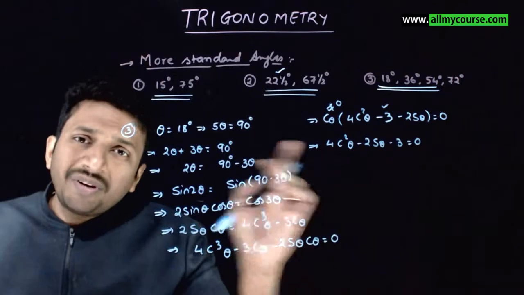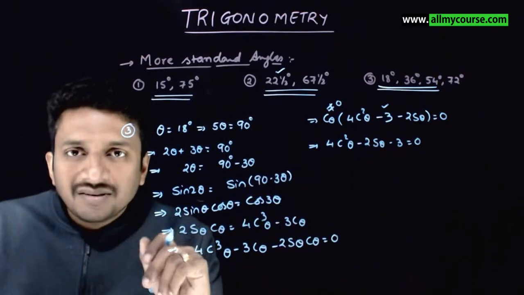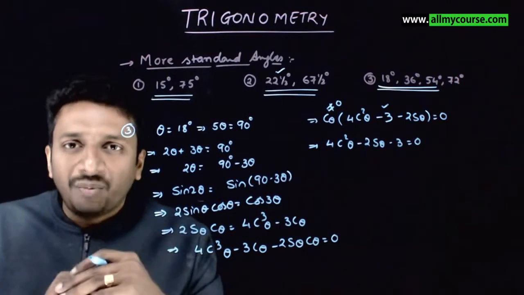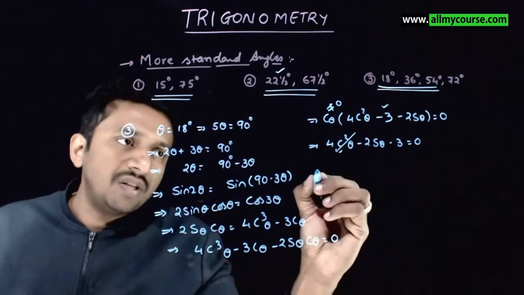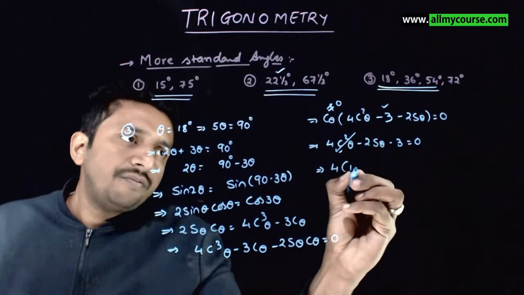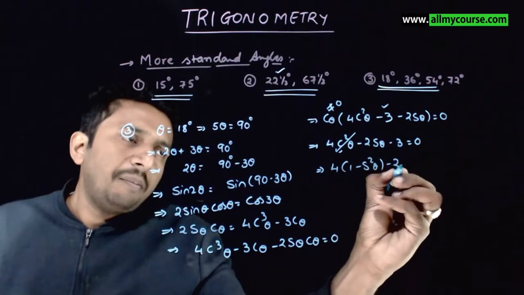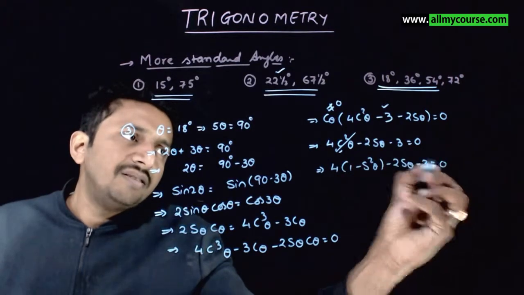So now this is a trigonometric equation in sine and cos. Let us try to convert it into a single trigonometric ratio. So I write cos square theta is equal to 1 minus sine square theta. So 4 times (1 minus sine square theta) minus 2 sin theta minus 3 is equal to 0.